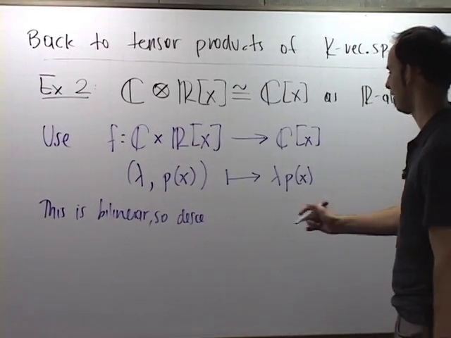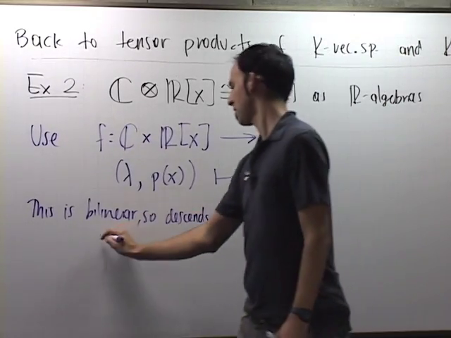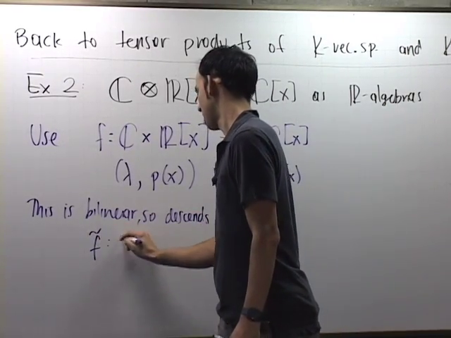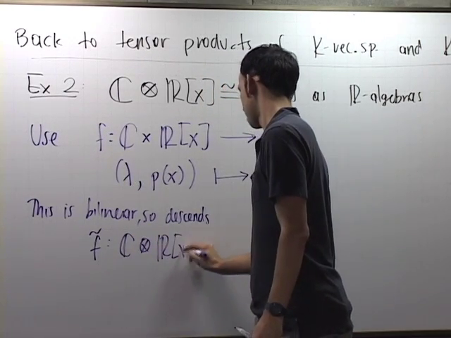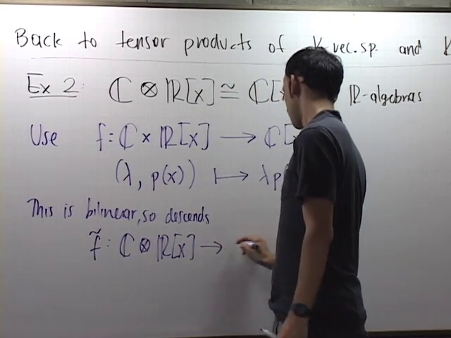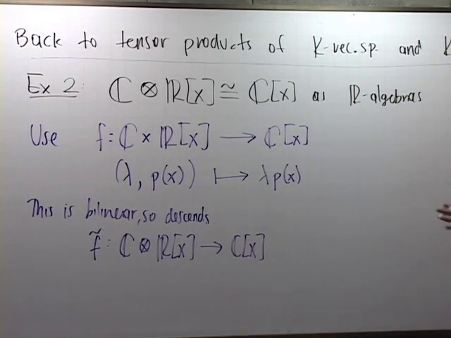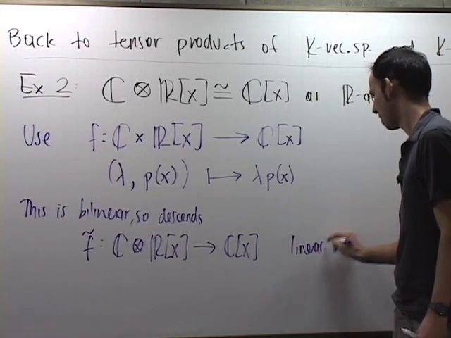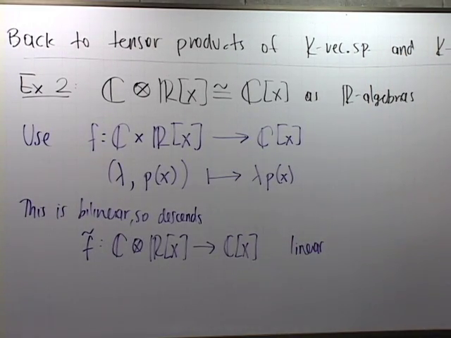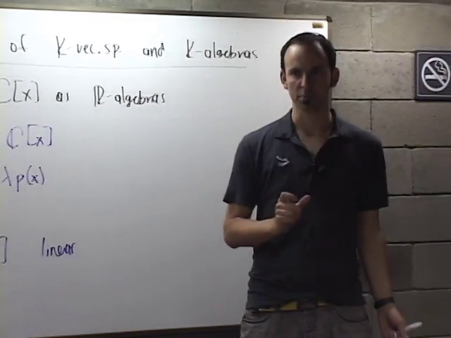So it descends to a map from the tensor product to this. That is something that we proved, that we get a linear map. And you know that a linear map is the same thing as a homomorphism of vector spaces.